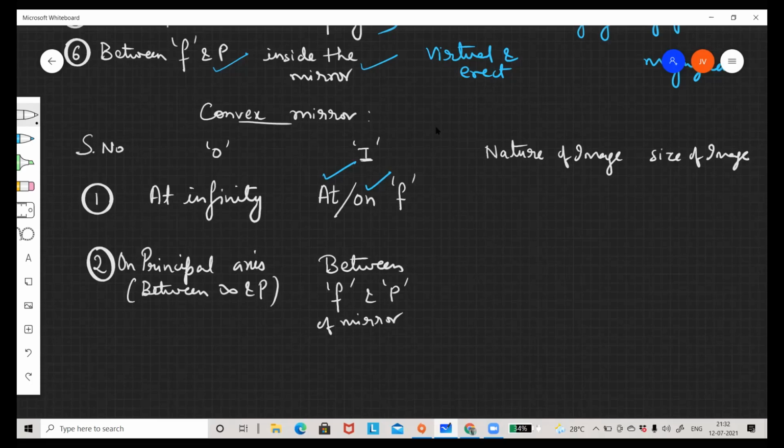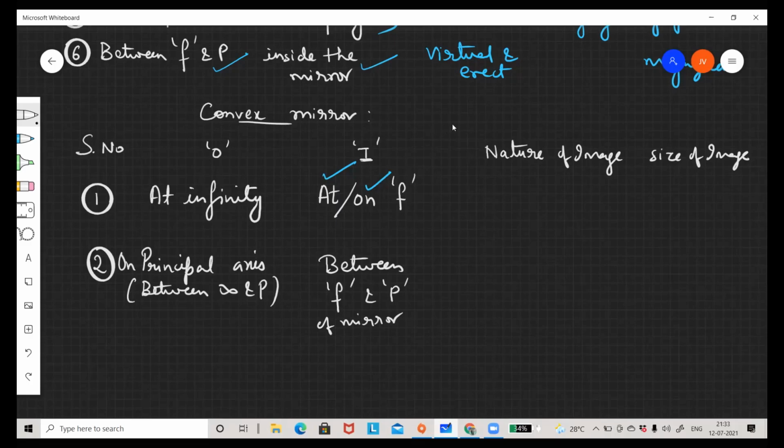That means if object is at infinity, image forms at or on F. If not, image forms between F and P. So they ask us for convex mirror, what is the range of image formation? Range of image formation means you have to tell length. So range of image formation for convex mirror is always the focal length of the mirror. That means between F and P, image is going to form somewhere from F up to P.